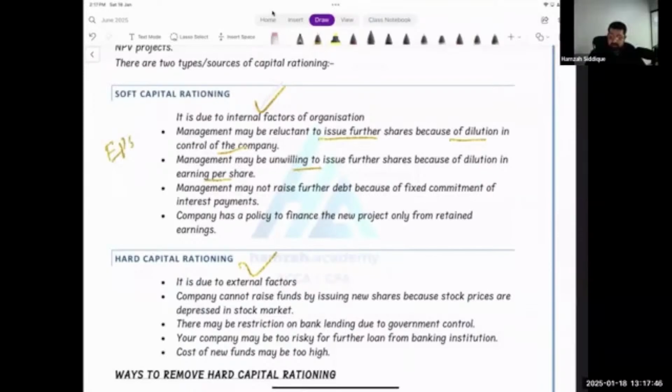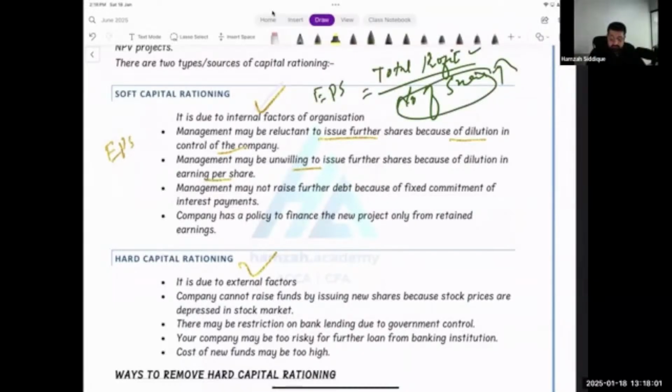How is EPS calculated? Total profit attributable to shareholders divided by number of shares. If profit is not increasing much while shares are increasing, EPS will go down. They don't want to raise debt because of fixed interest burden. So they have a policy to finance new projects from retained earnings only. Whatever the company has, only that, nothing else.